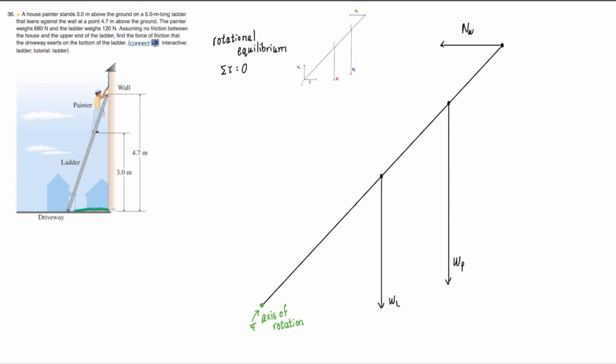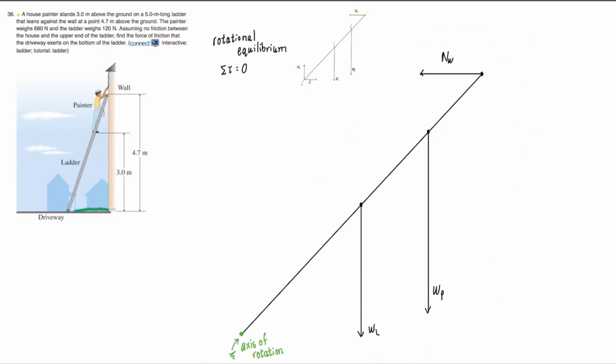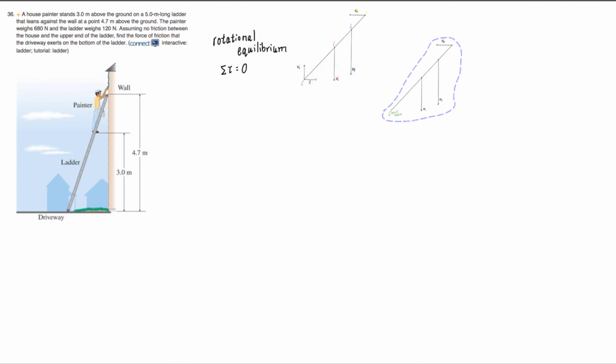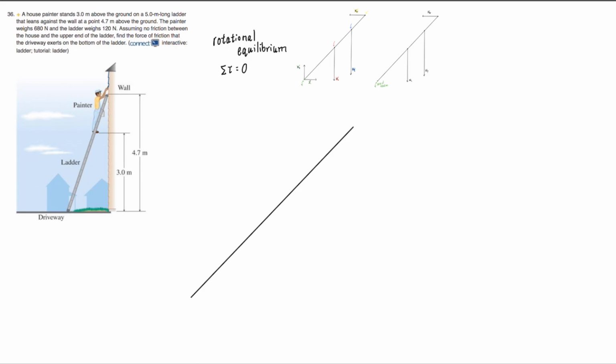Okay, so before I move on with this problem, I actually want to take a closer look at the actual dimensions of the ladder itself. So here we have the ladder, and this is the wall.